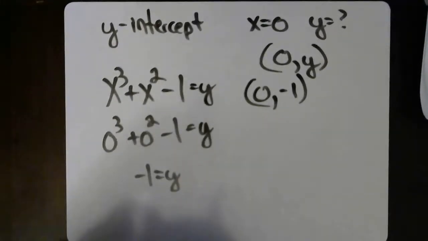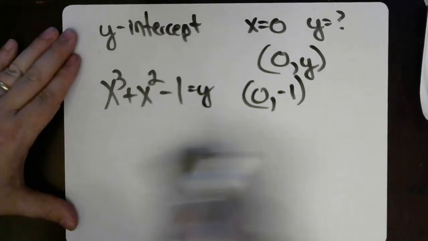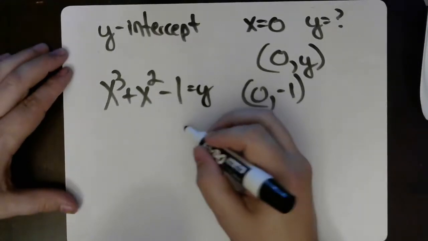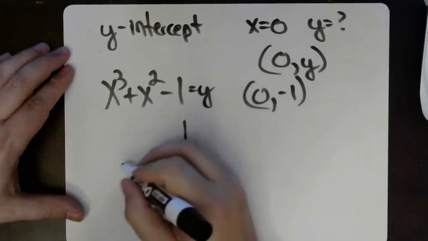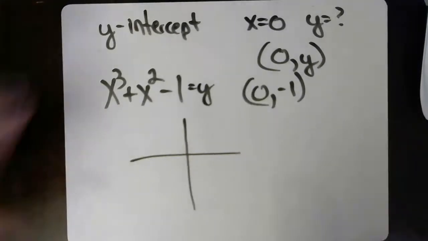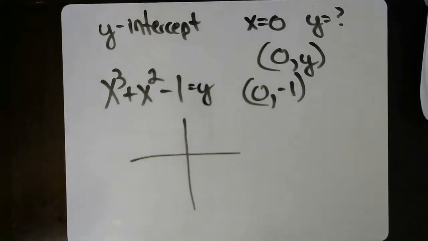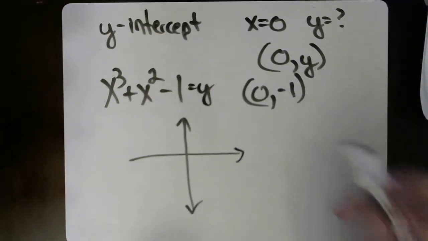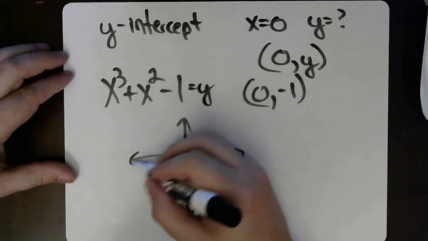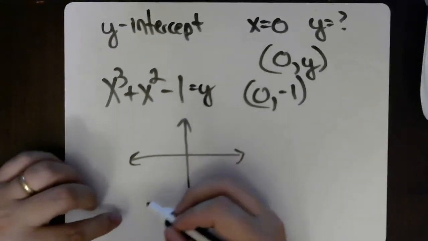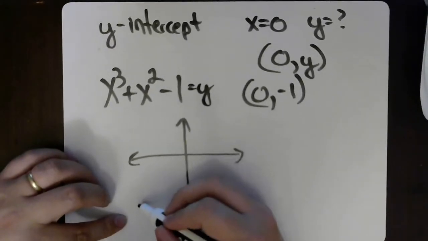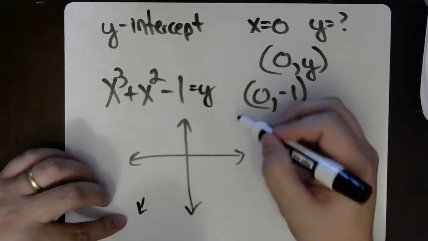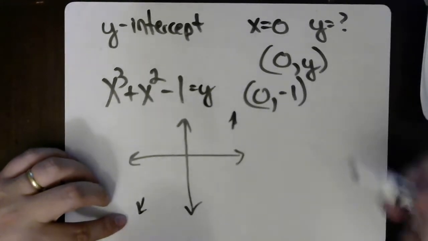Now why is that important? So watch this. Now we know multiple things. We know that our x cubed, it's a cube, so it's an odd power. So that means that this goes right there. Our end behavior is right here.